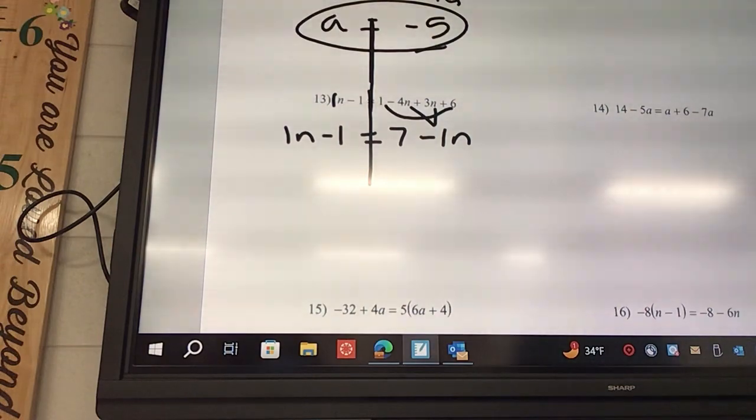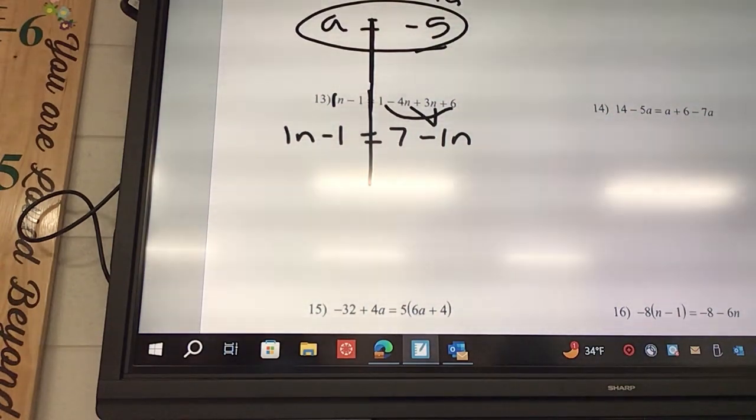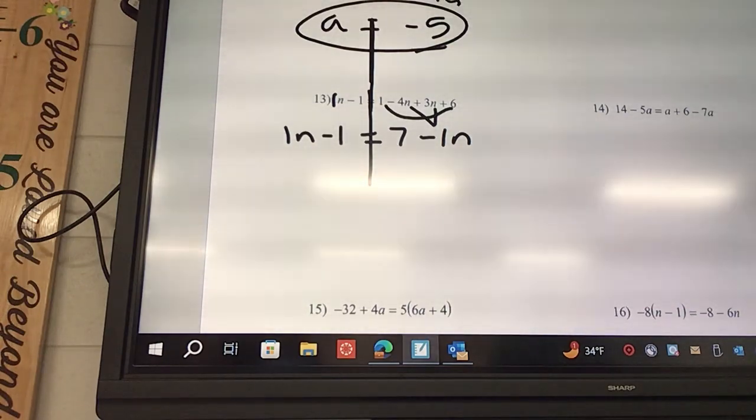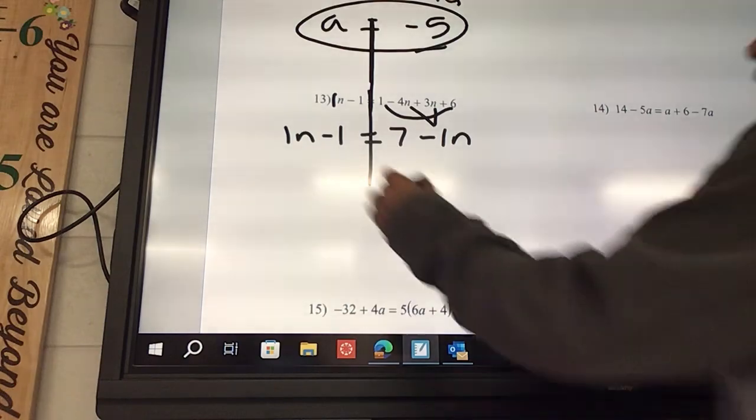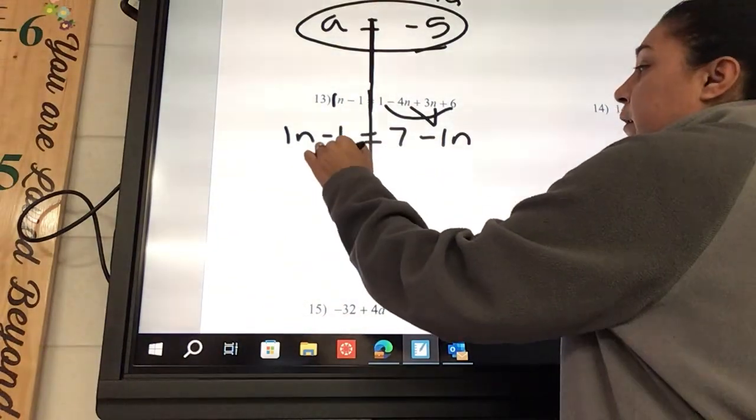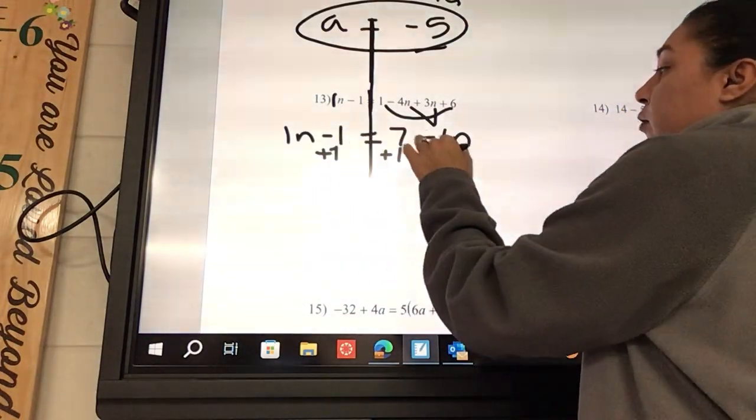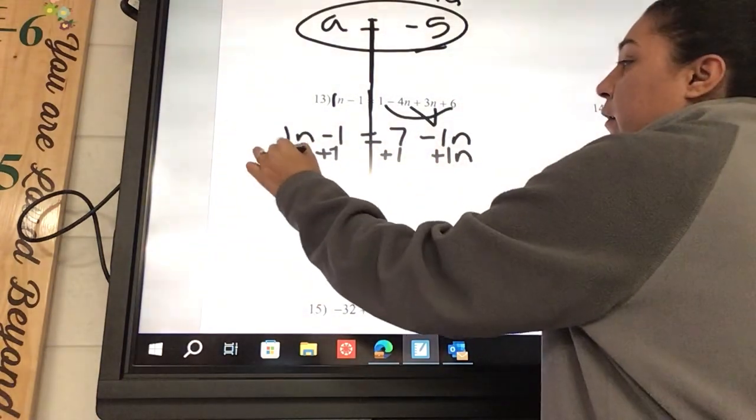Okay, and so this is what we're working with. And if you remember, where do letters go? Letters go to the left, numbers go to the right. Okay, so this one has to get moved over here, and this one needs to get moved over here.